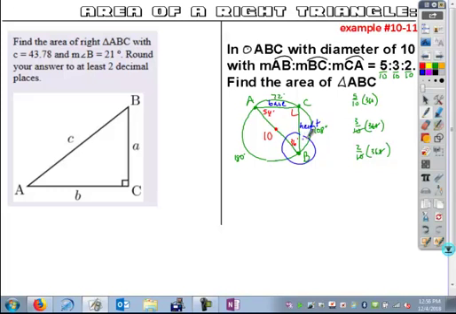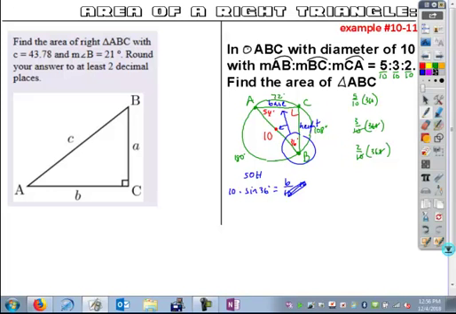With respect to this angle of 36, my base is opposite, my hypotenuse is known. Opposite and hypotenuse are related by which trig ratio? Sine. So I know that the sine of 36 degrees is going to equal the opposite, B, over my hypotenuse, 10. If I multiply both sides by 10, I get my base alone.